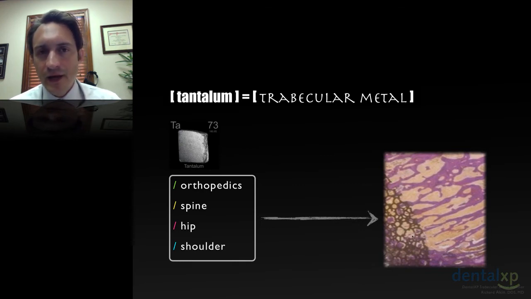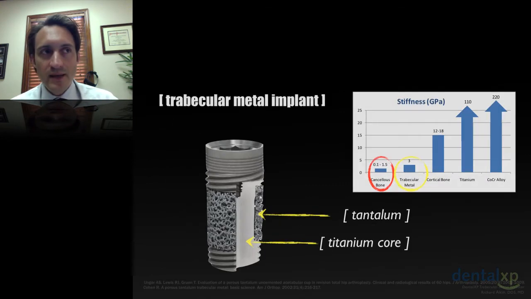And again, as I had said, a really important factor for me in providing this solution for patients is that the 10 years or more that it's been in orthopedics gives me a lot of comfort, because there are great studies showing its biocompatibility in the body, and it makes sense to apply this to a titanium substrate in a way. And when you look at the implant, that's basically how it's applied.